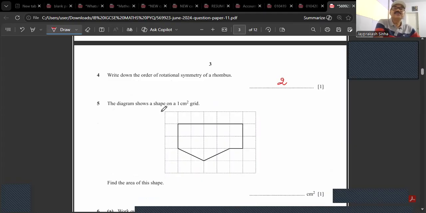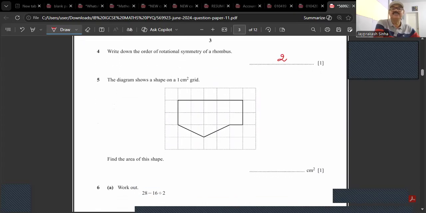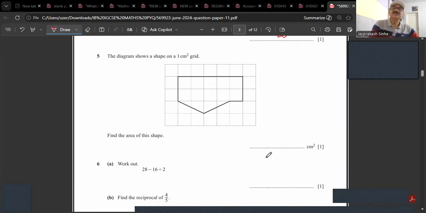The diagram shows a shape on a 1 centimeter square grid. Find the area of this shape. We can convert it into a rectangle; we can just divide it into two parts. This forms a rectangle, and then this is the triangle. For this rectangle part, this is 1, 2, 3, 4, 5, and this is 1 and 2.